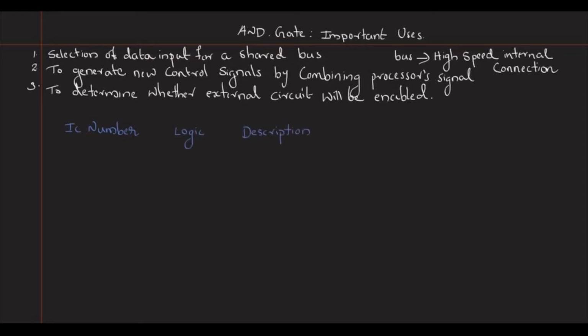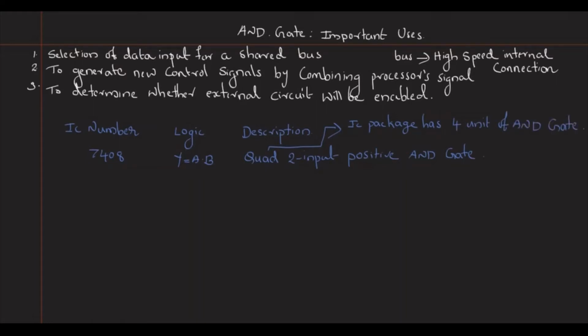Let us discuss some AND gate ICs. The first one, 7408, with logic Y equal to AB. It contains quad 2 input positive AND gates. Here the term quad means that the IC package has 4 units of AND gates.